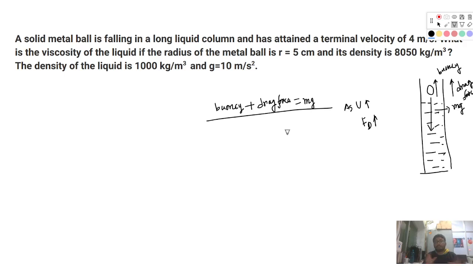I am not going to do the derivation now; I think that can be done in different lectures. Right now what I am trying to do is give the equation for this terminal velocity, which is 2 by 9 eta, r square, where r is the radius of the ball, times rho minus sigma, times g.